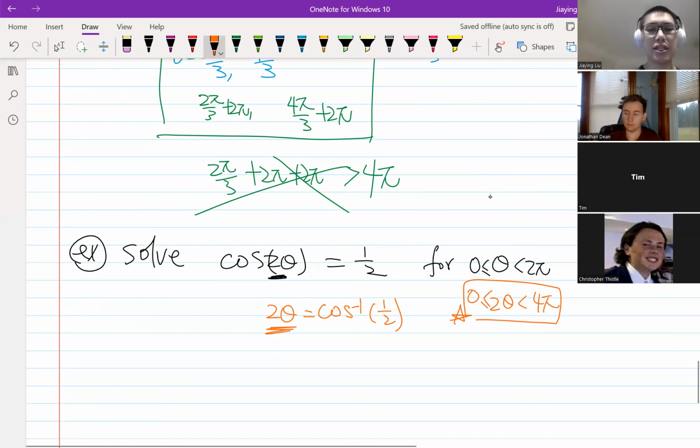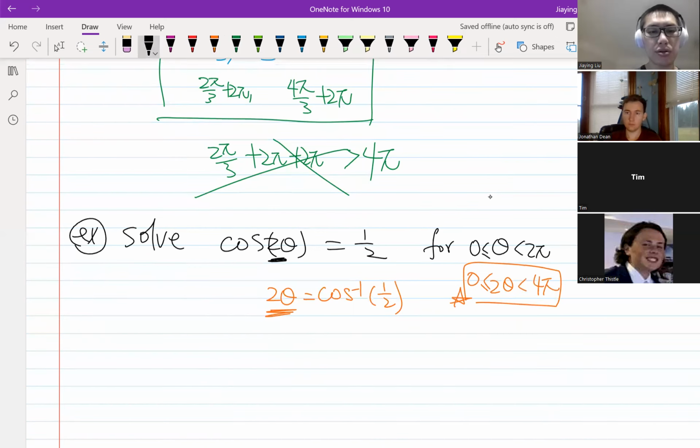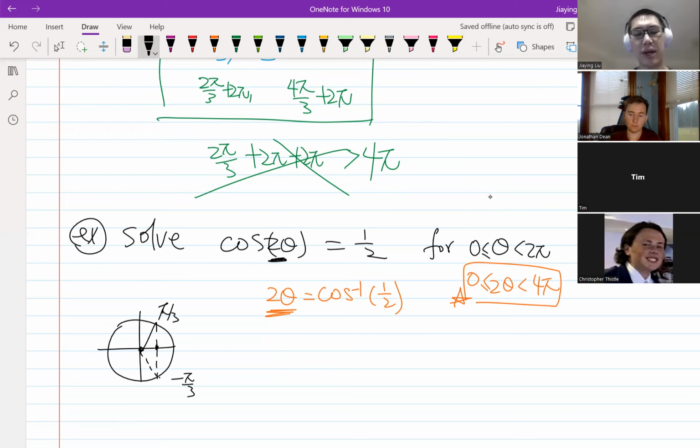Okay, so let's find it. On the unit circle, cosine is equal to 1/2. That's going to give us those two angles, pi over 3, and this one we said is going to be negative pi over 3, but we want to keep it positive.